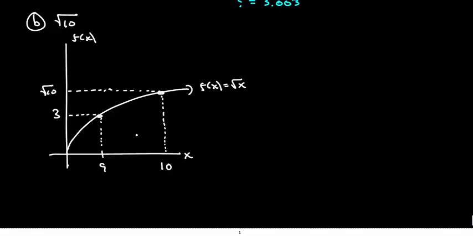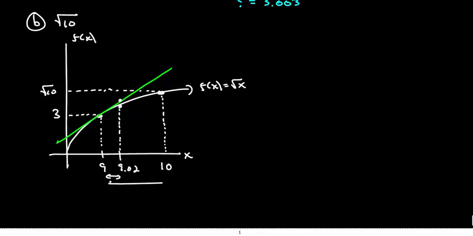Okay. When we had 9.02, what I want you to notice is once I draw in my tangent line, the difference between the actual function and the green line is not very much when these guys are close to one another.